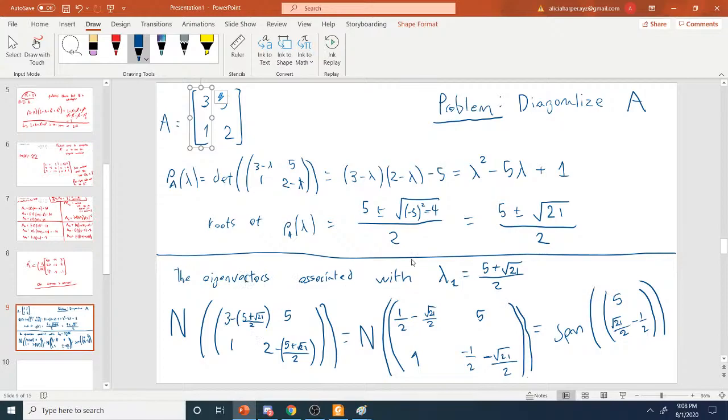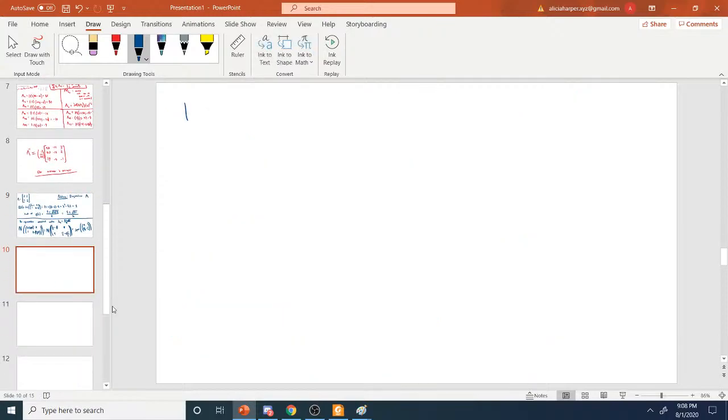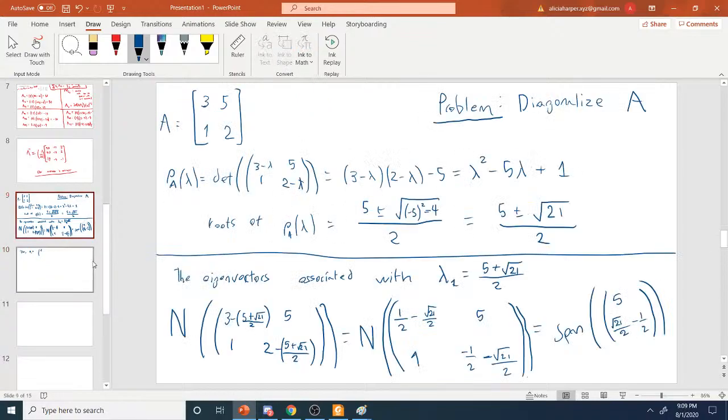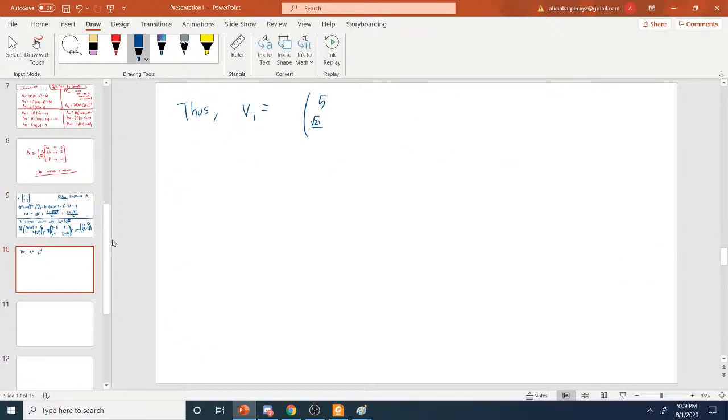And thus, v1 equals 5, square root of 21 over 2 minus 1/2, is an eigenvector for A with eigenvalue (5 plus the square root of 21)/2.